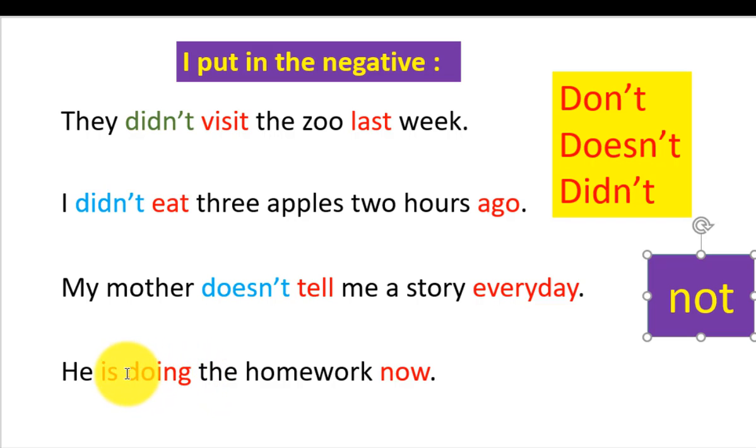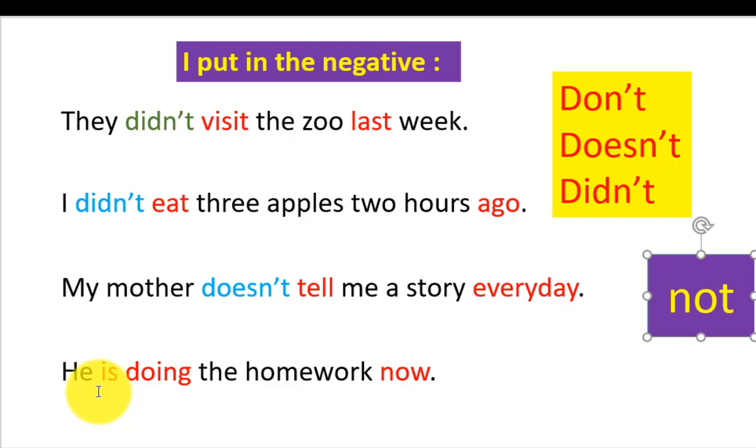Because it's composed of more than one part. If it is composed of only one part, it will be simple. But here it's two parts, not only one part. So it is progressive or continuous. If you want to call it progressive or continuous, it's the same. And we will say it's the present progressive, teacher, or it's the present continuous, teacher.